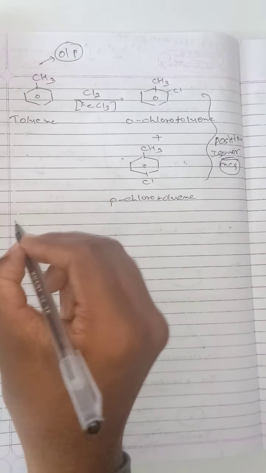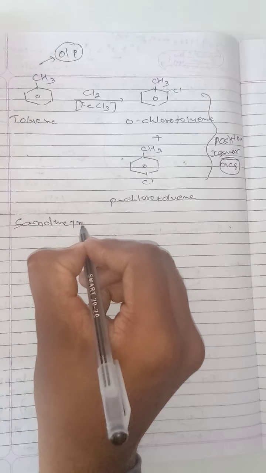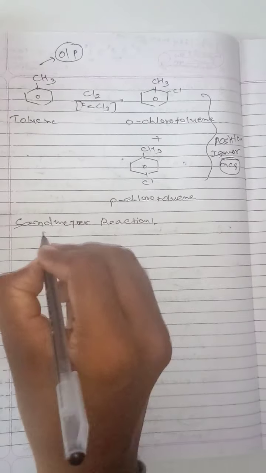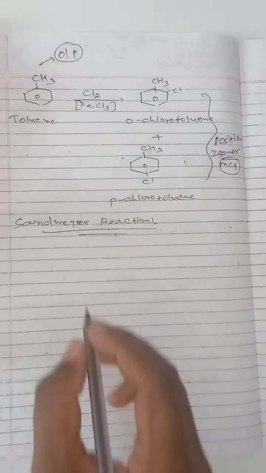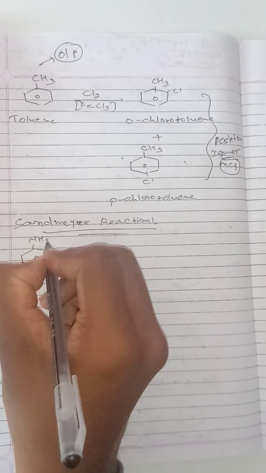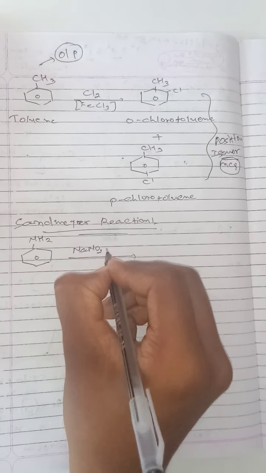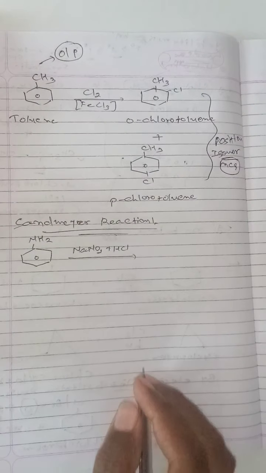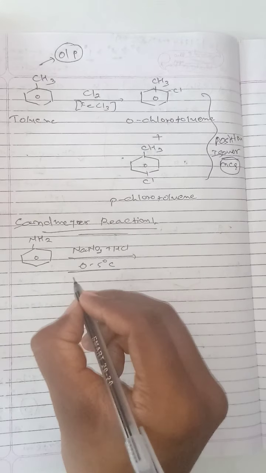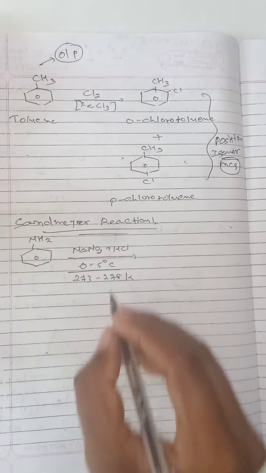Let's see another mechanism or reaction, the Sandmeyer reaction. First of all, primary aromatic amine reacts with sodium nitrite and HCl at 0 to 5 degrees centigrade, or you can write here 273 to 278 Kelvin temperature.